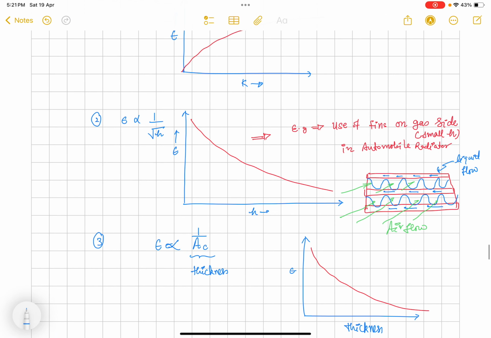So here we can see that effectiveness is high when heat transfer coefficient is low, and where heat transfer coefficient is high, fins are less effective. Okay, so in general we should use the fins where resistance from the fluid is high. It means convection of that particular fluid is low.